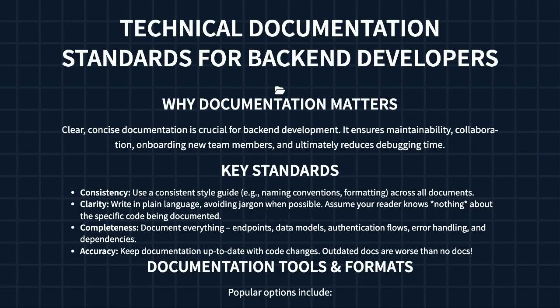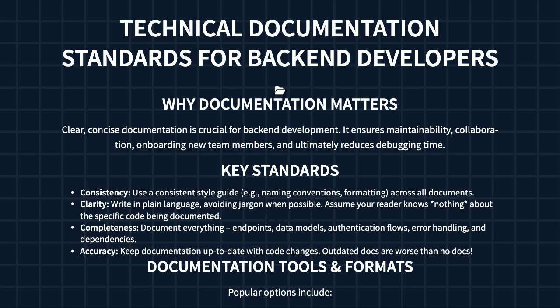Okay, let's talk about something super important for backend developers: documentation. Why does it matter? Well, good documentation makes our code much easier to understand and maintain. It's like a roadmap for anyone who needs to work on the project, whether it's another developer joining the team or even you coming back to it months later. We want to keep things consistent, so think about using a style guide for naming conventions and formatting.